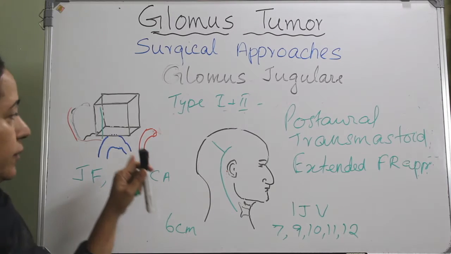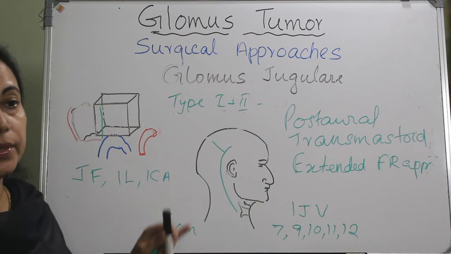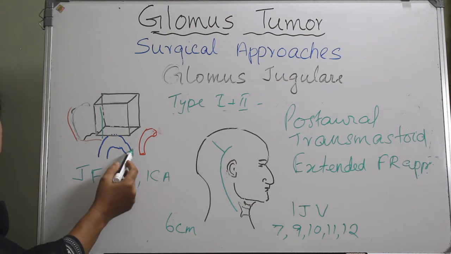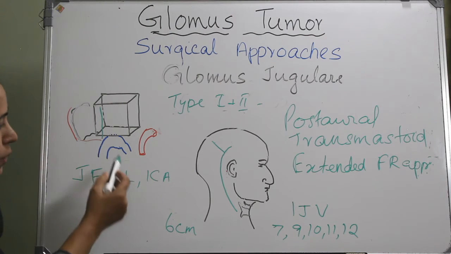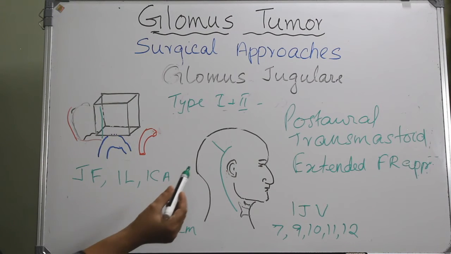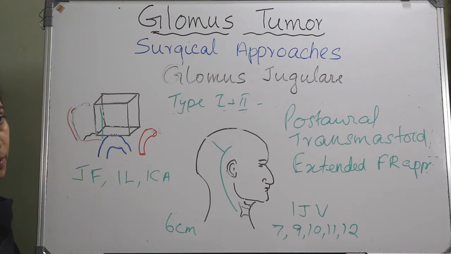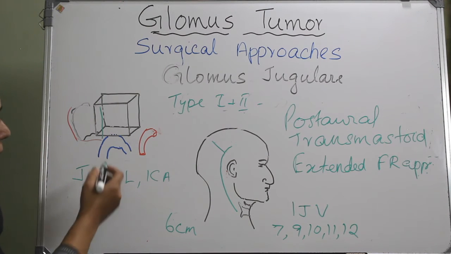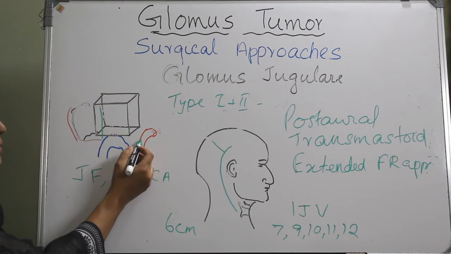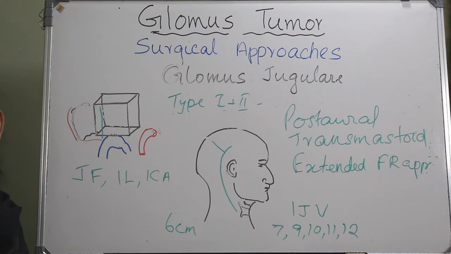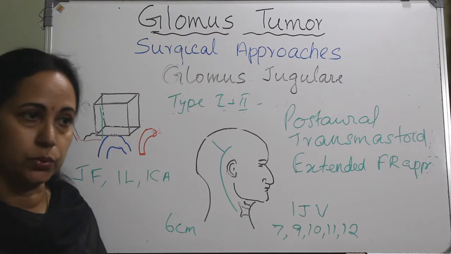So drill an extended facial recess, and after that we want to get access to the tympanic part of the internal carotid artery. So after the extended facial recess approach, drill the anteroinferior part of the external auditory canal so that we can reach the tympanic segment of the internal carotid artery also.